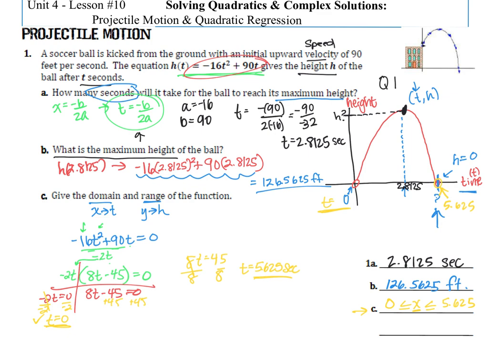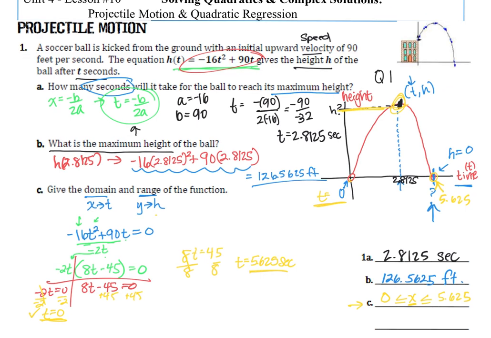Now, the range, again, range is your y's. So since y is height, we want our lowest height of the ball, which is going to be 0. It started on the ground, and we want our highest point of the ball, which is going to be when it was up here. And we actually already found the highest point of the ball, right? It was that H, that was part B. We found the maximum height, which was, let's see, 126.5625.